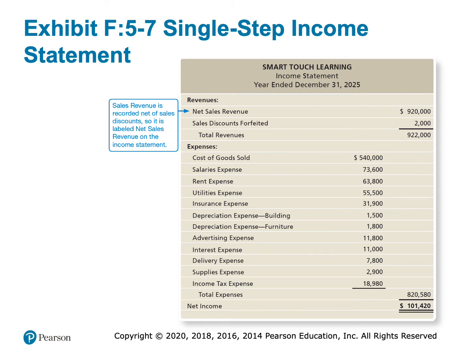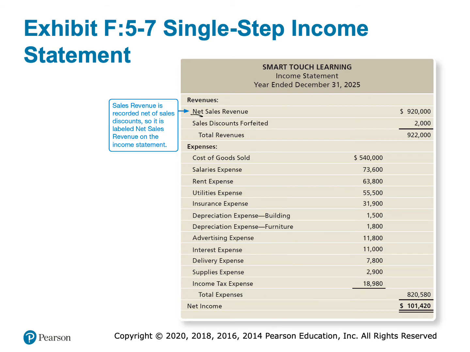Now, I mentioned earlier it does say net sales revenue, and I said that I would come back to that. Since the revenue is reported minus the estimated discounts and minus the estimated sales returns, it is called net.